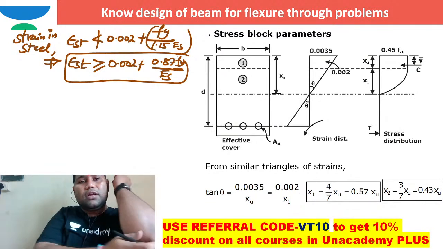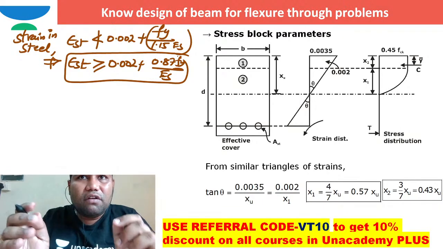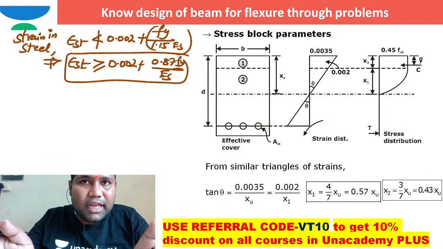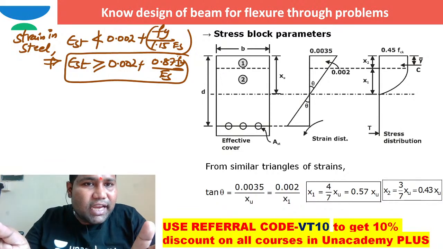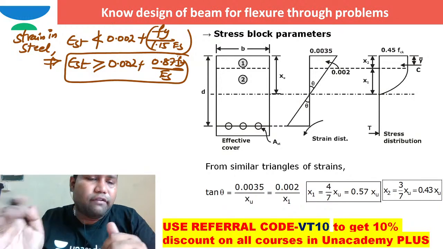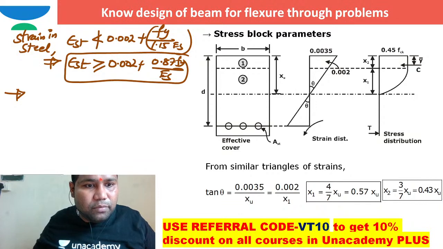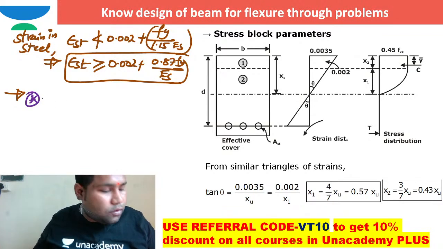So that means to have proper indications of failure just before failure, to have proper ductility for the RCC structural member, the strain in steel should be more than this value. So maybe I can write a note here.